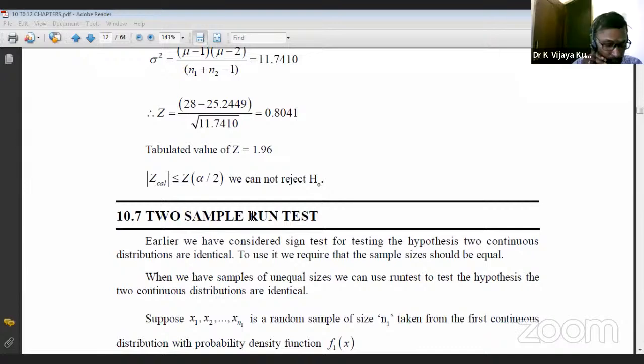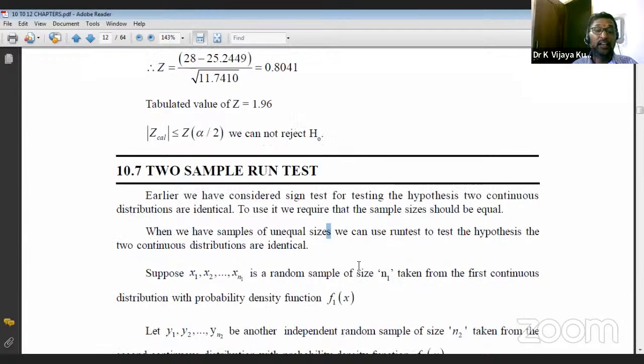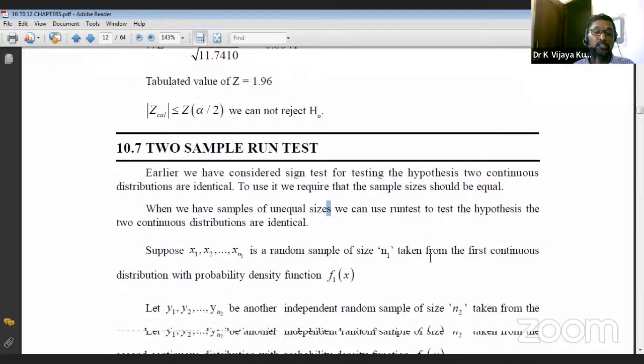Next, two-sample run test. Earlier we have considered tests for the hypothesis that two continuous distributions are identical. To use it, the sample sizes should be equal. When we have samples of unequal sizes, we can use the run test to test the hypothesis that two continuous distributions are identical.